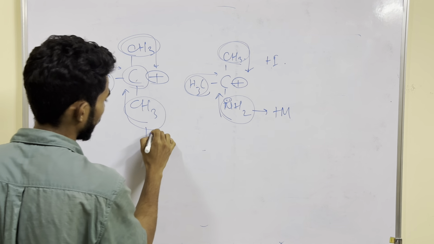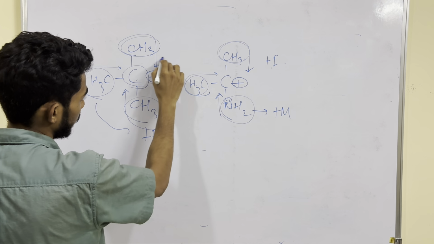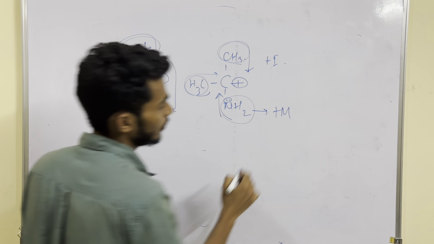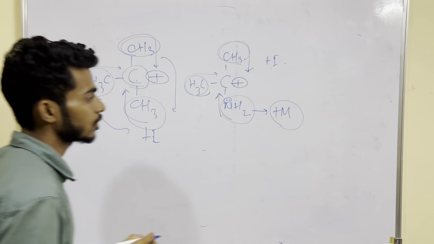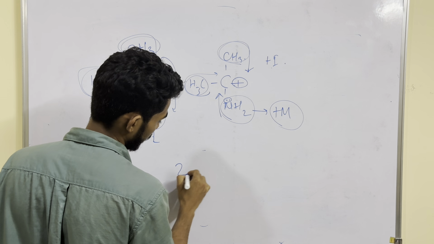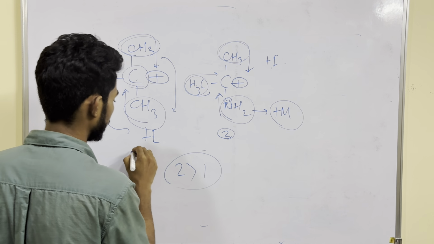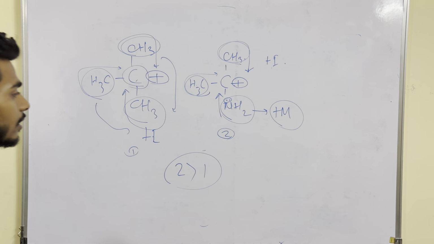In the first one, all three will show plus I effect only. So ultimately plus M effect is stronger than plus I effect. Okay, so what will be the answer? 2 will be more stable than 1. So this is 2 and this is 1. So what will be the answer? 2 will be more stable than 1.